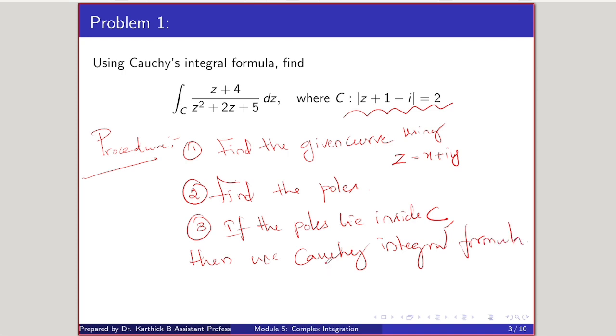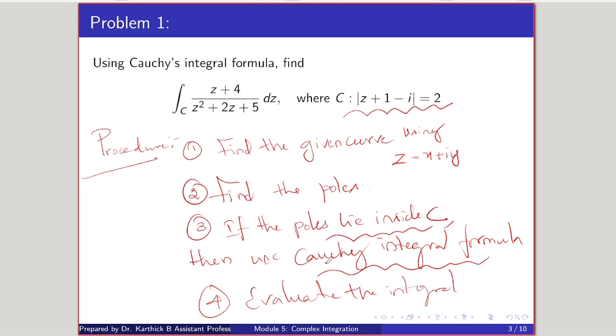If they lie outside, then we use Cauchy integral theorem. That means the integral of f of z dz over C will become 0. So we will use Cauchy integral formula if the poles lie inside C. Then at last, evaluate the integral. That's all. These are the 4 steps.